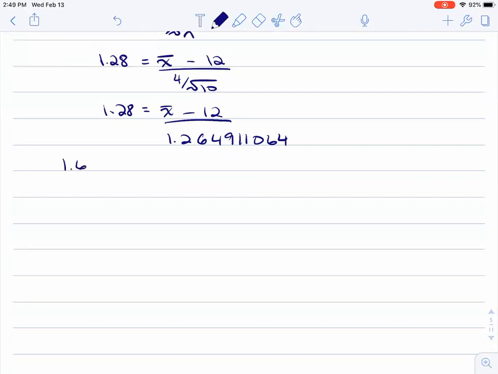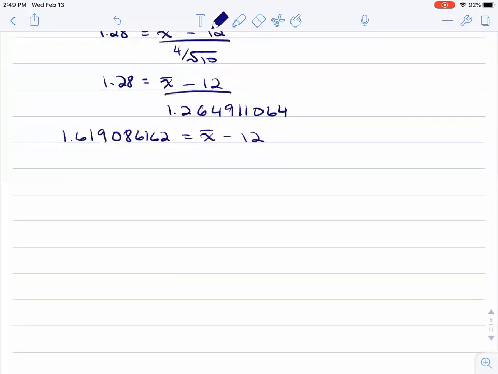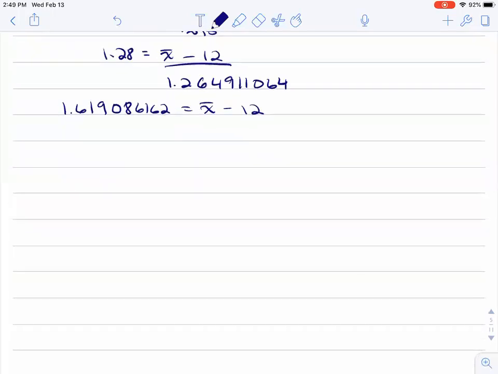So we get 1.619086162 is X bar minus 12. Then add 12 to both sides, we get X bar is 13.619086616.